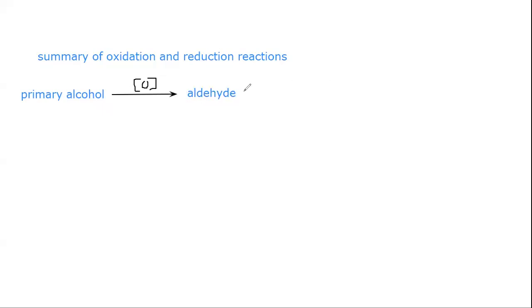And today what we learned, aldehydes also undergo oxidation to give carboxylic acid. You guys can see how I'm combining this. Primary alcohol on oxidation will give you aldehyde. Aldehyde on oxidation will give you carboxylic acid. We saw that today.